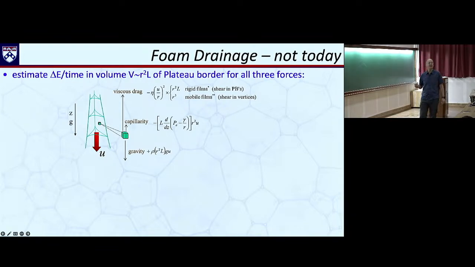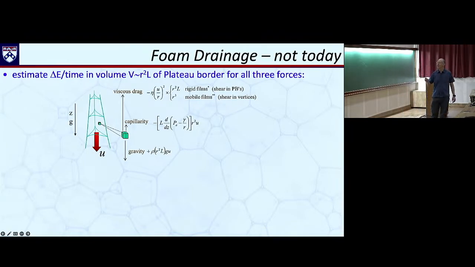And we can estimate how much energy per time is being dissipated in the case of capillarity and gravity by a force times the speed, and with viscous drag in terms of viscosity times strain rate squared times the volume over which the shear flow is happening. So I didn't want to actually talk about this in as much detail as I have already.